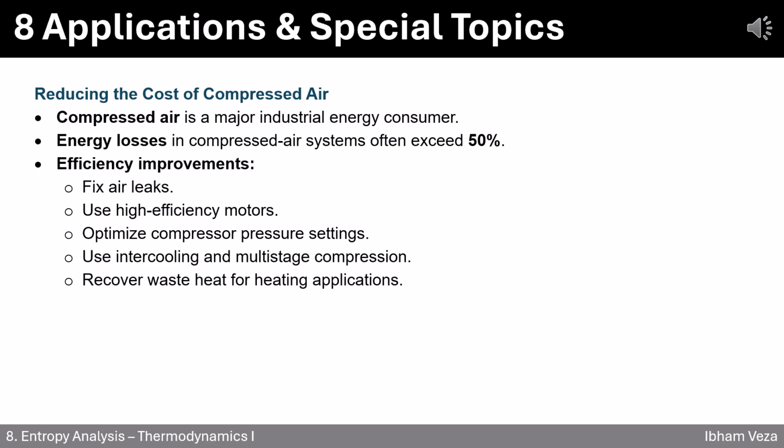Finally, a great way to improve efficiency is to recover waste heat from compressors and use it for heating in the plant. These small steps can lead to significant savings and lower carbon footprints. This is how entropy analysis goes from theory to real-world impact, helping us cut waste and improve energy efficiency in industry.